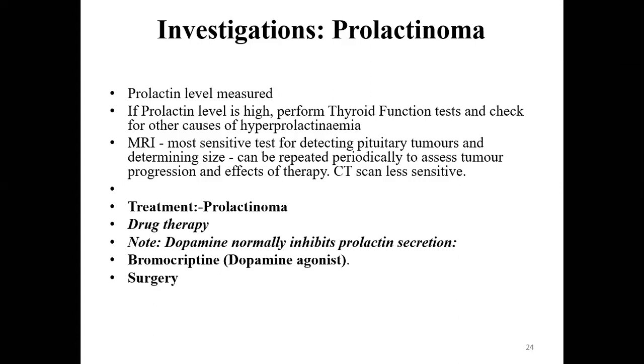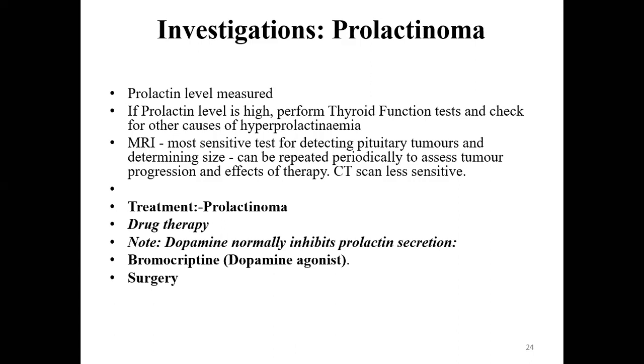Okay, what is the treatment? There are 2 ways. If the tumor is not that large, and it's not causing visual effects or headaches, you can give drugs that are going to act like dopamine. We call those dopamine agonists. The example is bromocriptine.